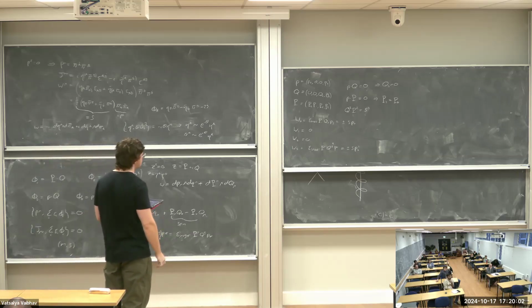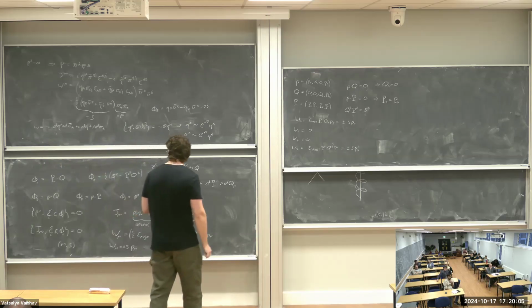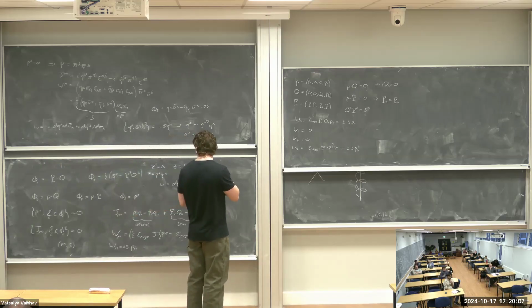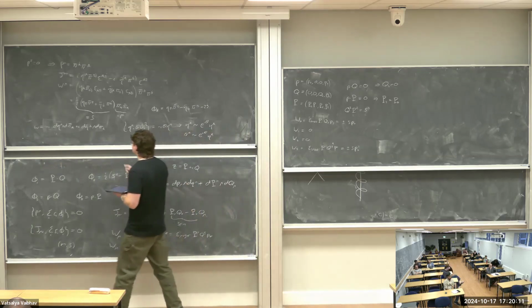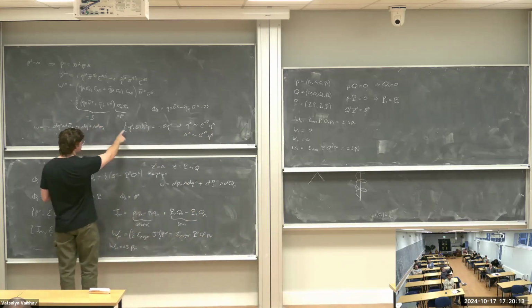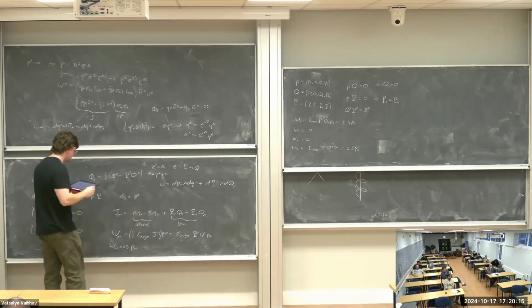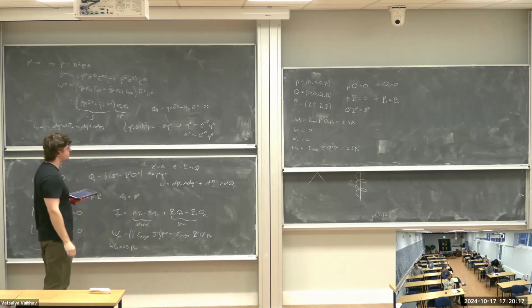Okay. So now that I've shown that the reduced phase space is twistor space, with its constraints, and quotient out by this orbit, we can now quantize it.